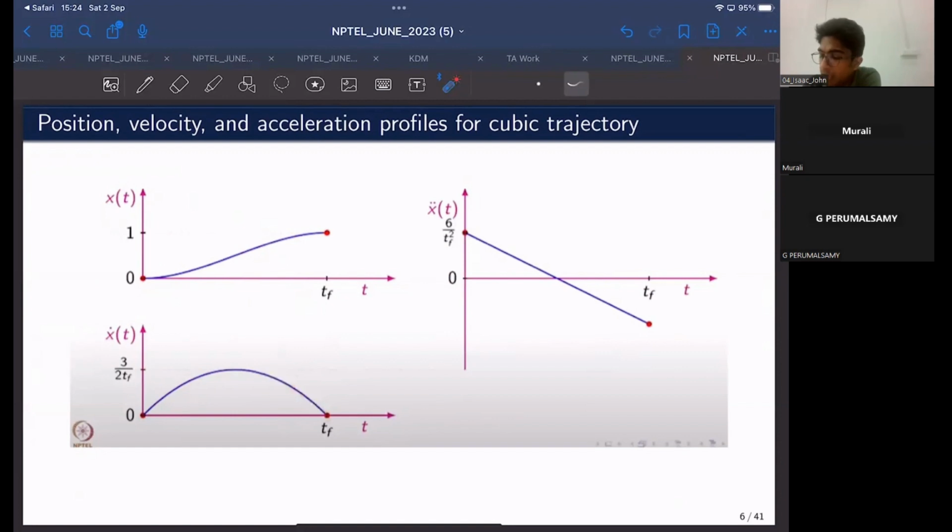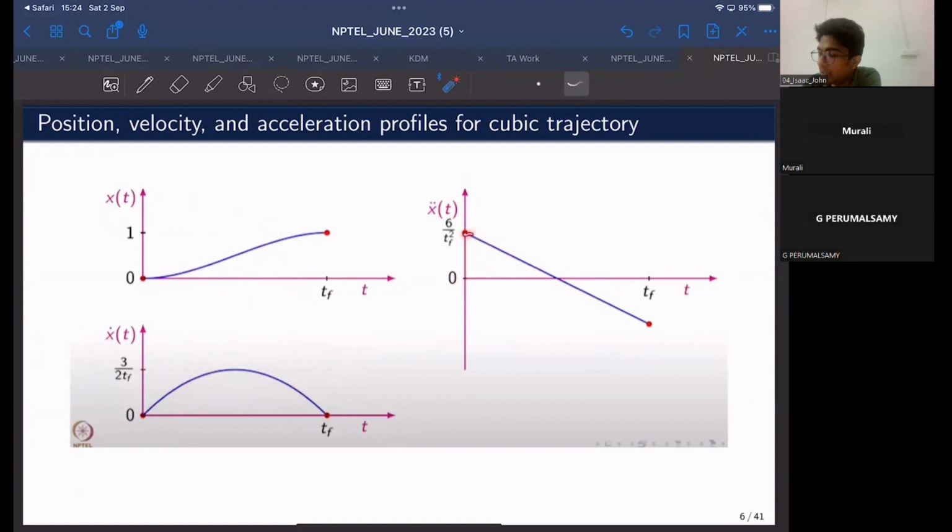So again, if you take a further derivative of velocity with respect to time, this is a second order curve, right? If you further take a derivative, you will get the profile of acceleration. That is nothing but the first order curve. So at time t0, it will have a sudden acceleration, right? From 0, instantaneously, it will have some acceleration.